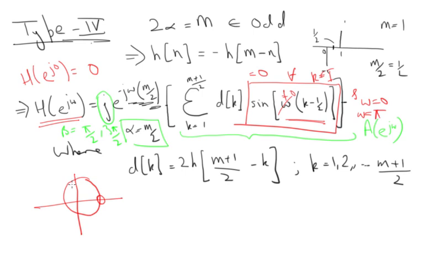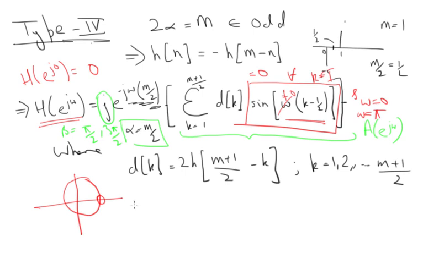This filter cannot be used as a low pass filter because it is 0 at z is equal to 1. It can be used as high pass or band pass filters.